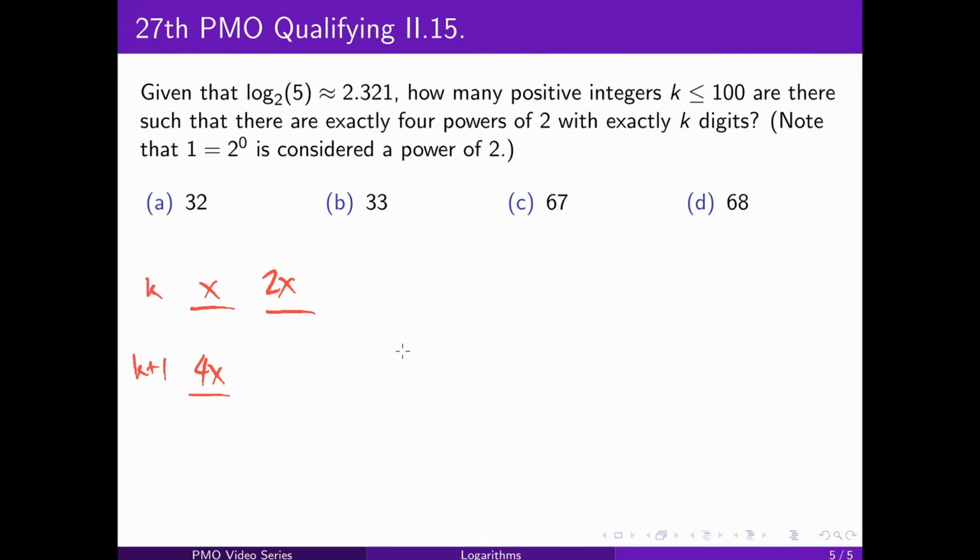Well, this would mean that 4x is bigger than... okay, k plus 1 digits would mean it's at least 10 raised to k, because 10 raised to k has k plus 1 digits. So if 4x is at least 10 raised to k, well, 2x needs to be smaller than 10 raised to k.